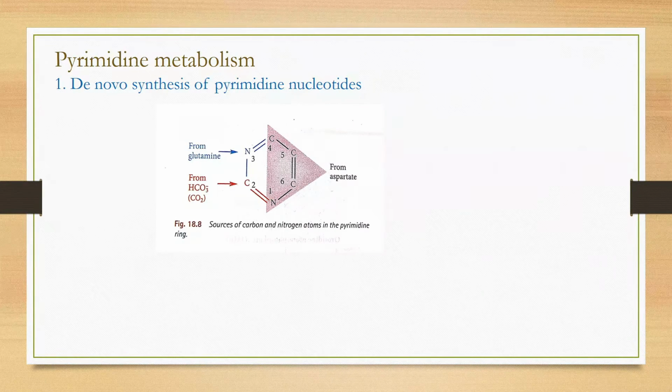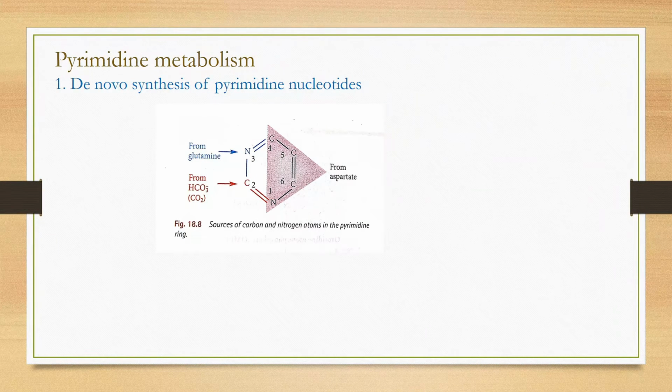But unlike purine bases, which are synthesized upon a pre-existing ribose phosphate, the pyrimidine ring is assembled as a free pyrimidine first and then attached to ribose phosphate, forming the pyrimidine nucleotide.